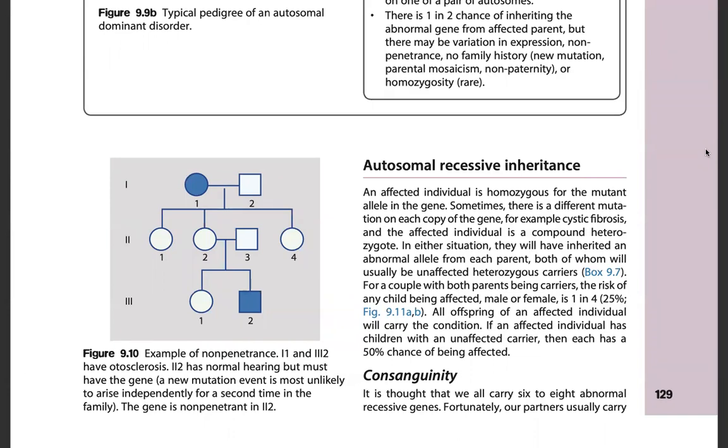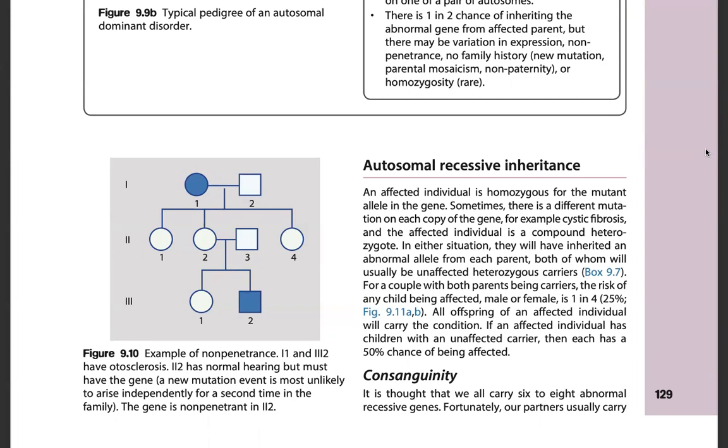Number 3 and 2 have otosclerosis. Number 2 has normal hearing but must have the gene. A new mutation event is most unlikely to arise independently for a second time in the family. The gene is non-penetrant in number 2.